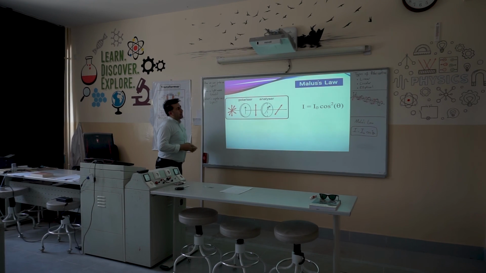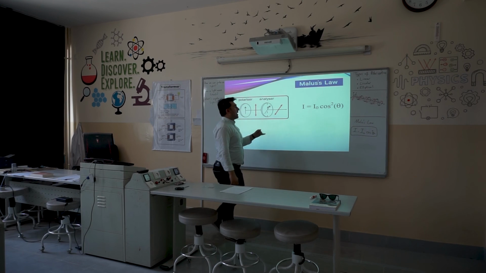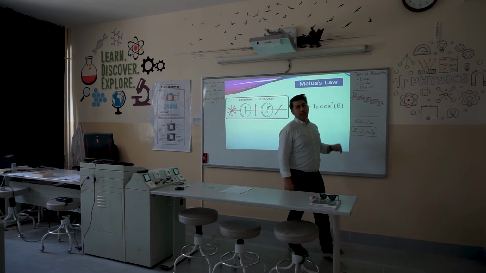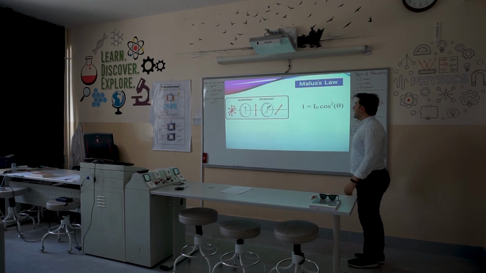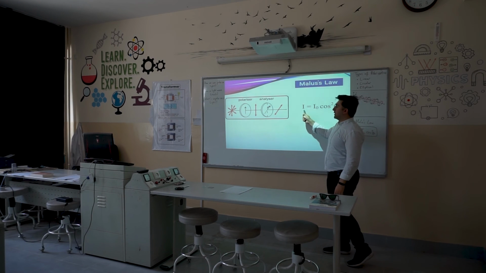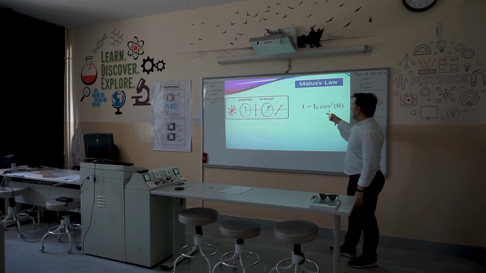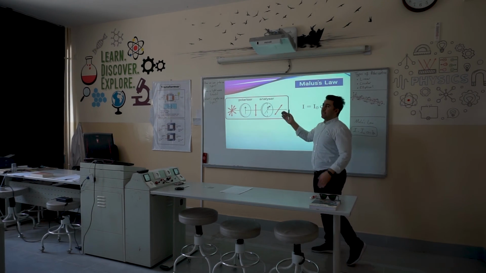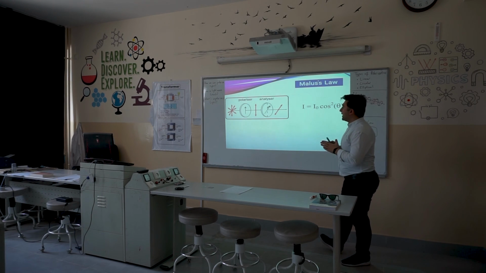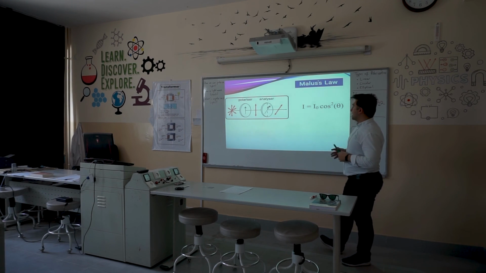So the formula is I equals I0 cosine squared theta. Here I is the intensity of the light, I0 is the initial intensity, and theta, as we just mentioned, is the angle between the analyzer and the polarization axis.